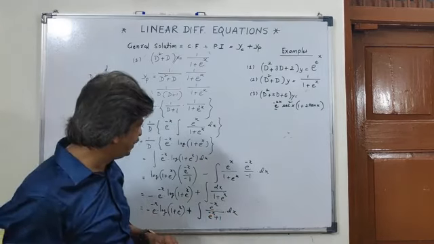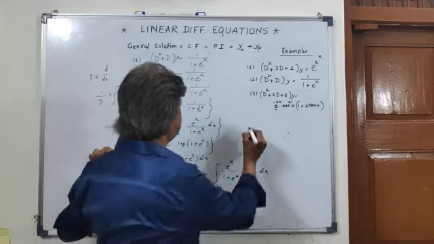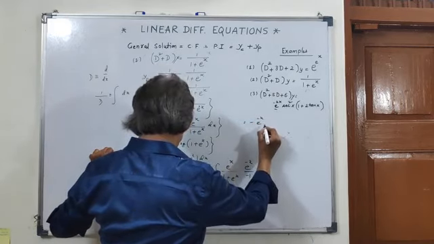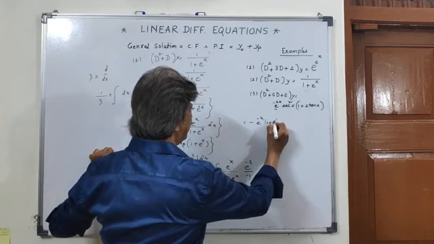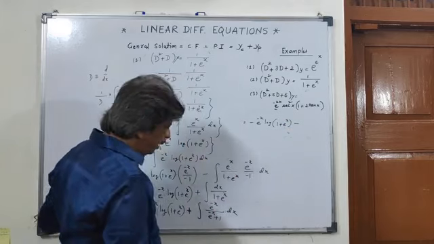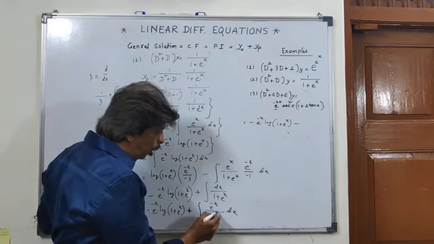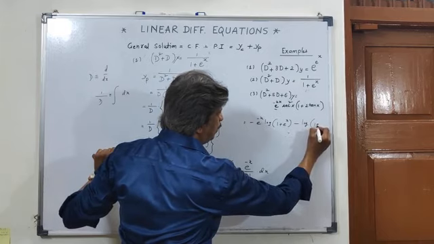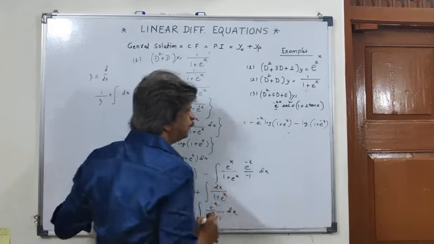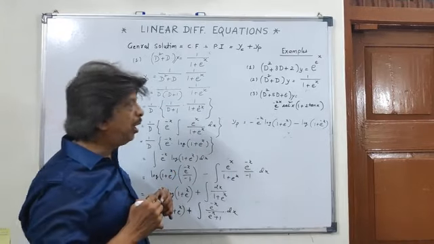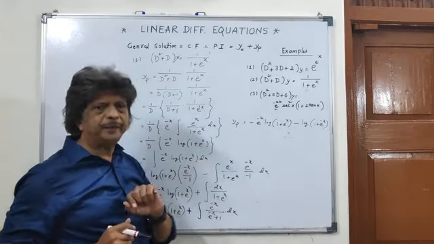So it integrates as minus e to the power minus x into log of 1 plus e power x, minus log of 1 plus e to the power minus x. So this is the final answer for the particular integral part.